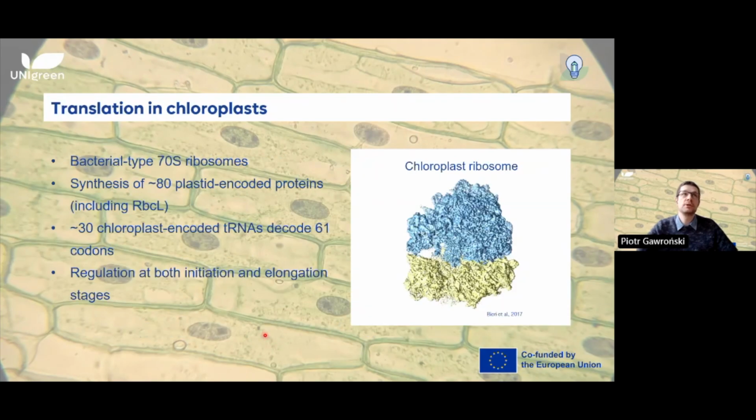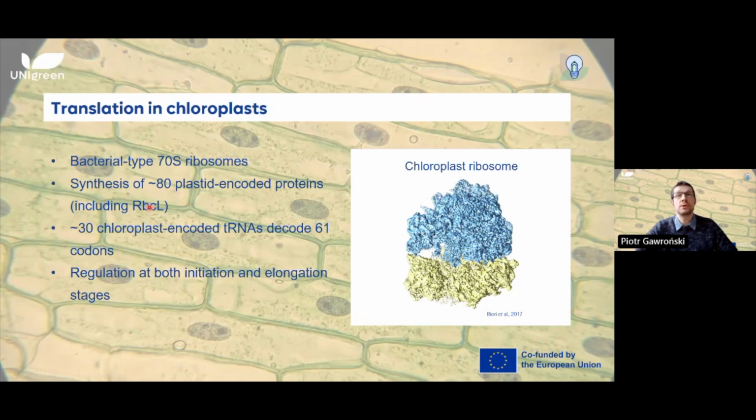Chloroplast translation is catalyzed by the bacterial type 70S ribosomes. These ribosomes synthesize about 80 plastid-encoded proteins, including one of the most abundant proteins on Earth, RbcL, the large subunit of Rubisco.